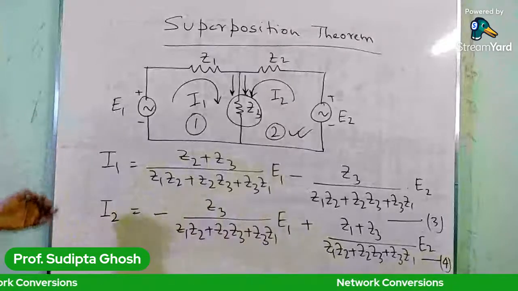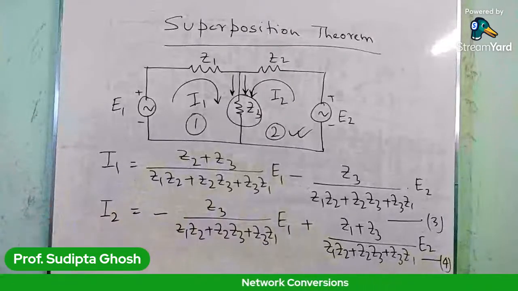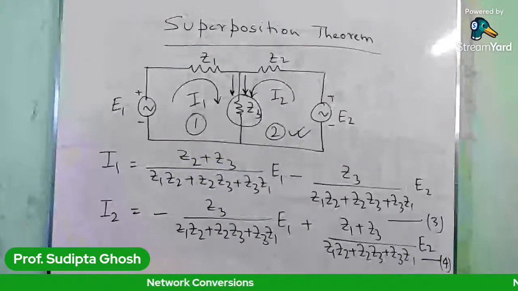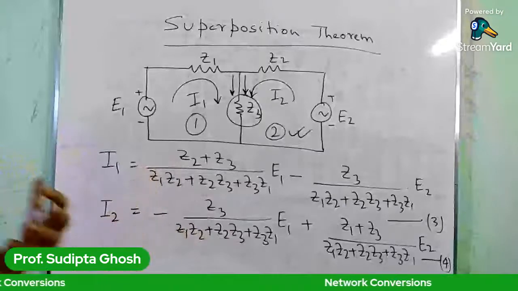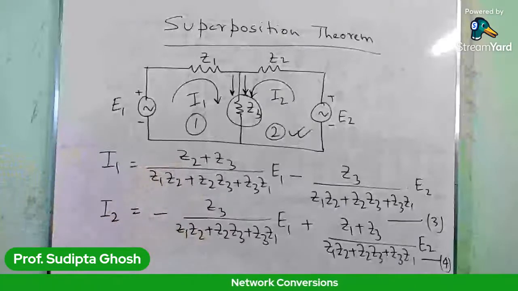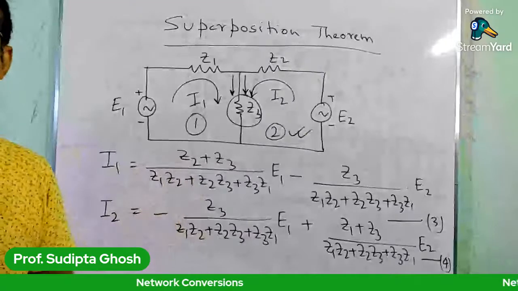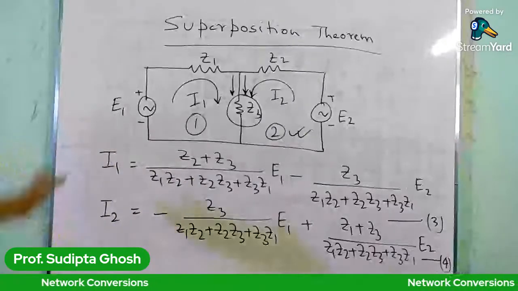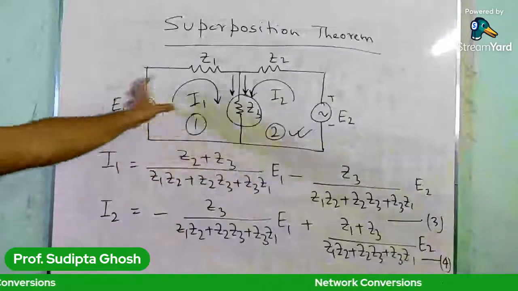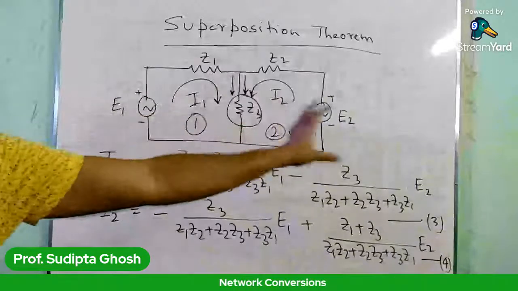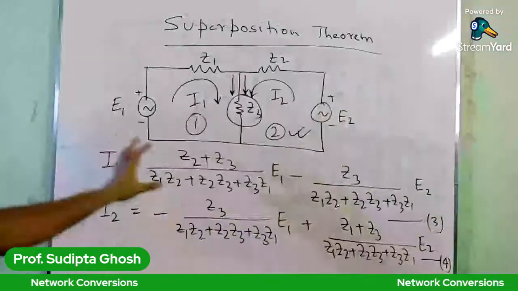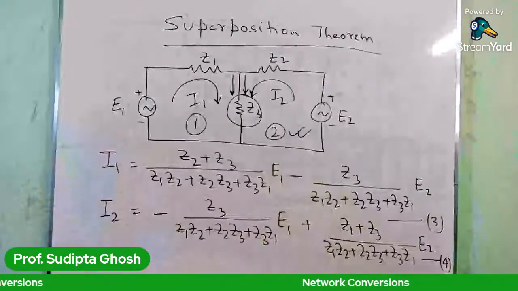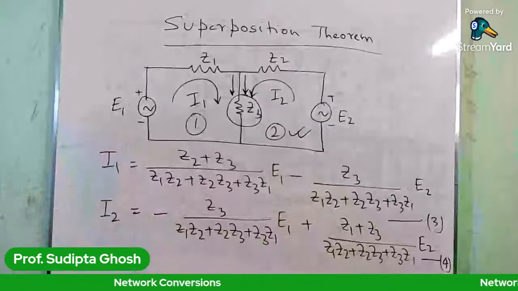For applying the superposition theorem, as the theorem states, you have to consider the effect of one generator at a time. Here we can see that there are two generators, E1 and E2. So we have to reduce this circuit, replacing one generator at a time, and then proceed.